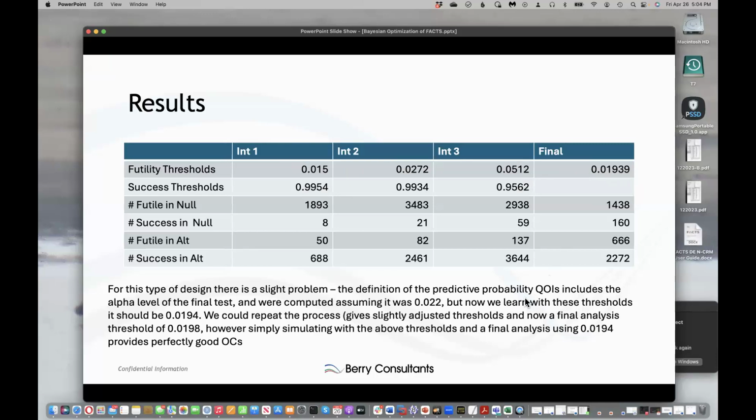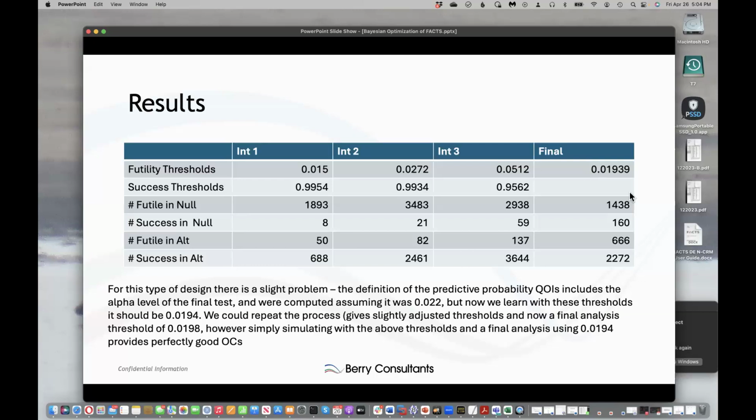So we could iterate. We could say, okay, let's put 0.0194 in, run without the threshold stopping, and repeat what I've just done. That actually then yields a final test of about 0.0198, and so on.